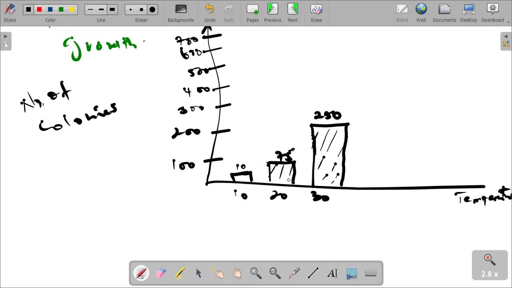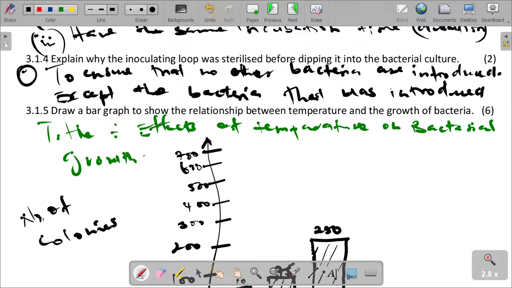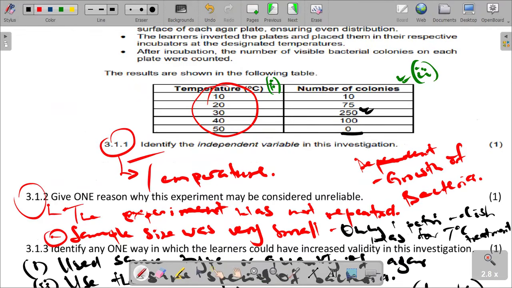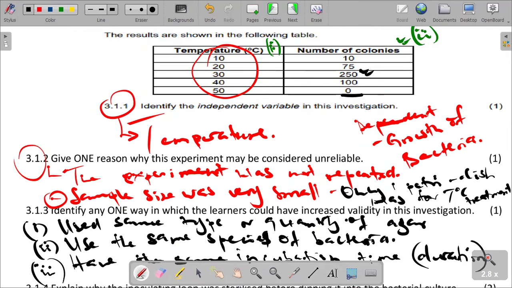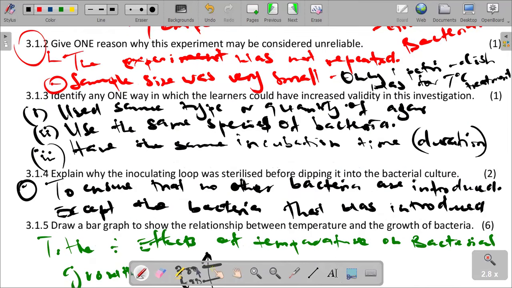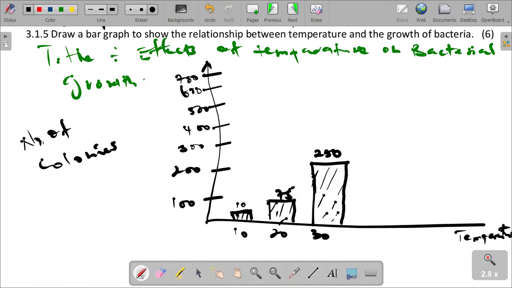I always say that with graphs, you can color them in so that they look smart. Then we have 40. At 40, we have 100.